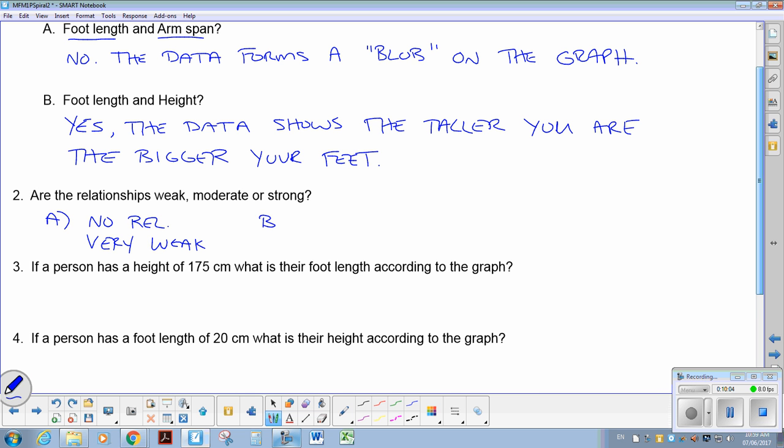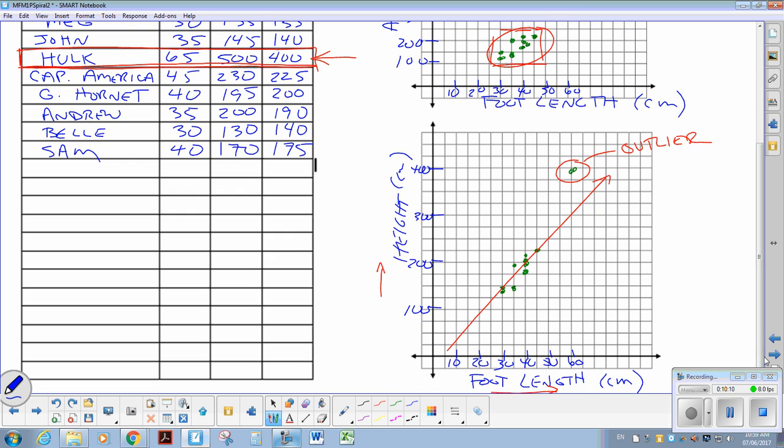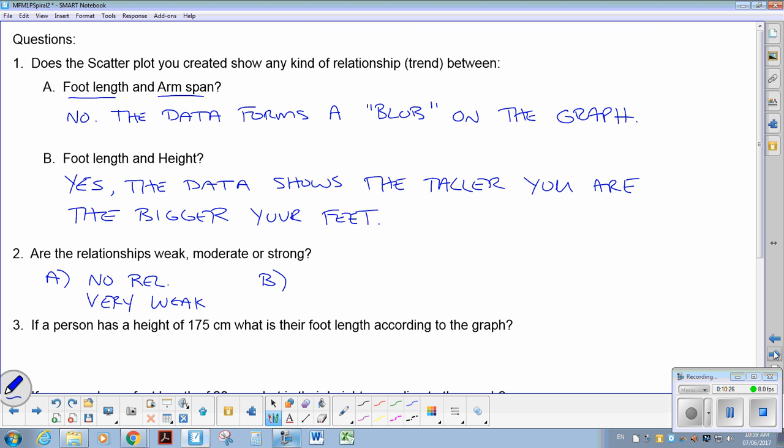And for part B, the second graph, the way I look at it is if all your points fall in a very narrow corridor, think of it as a hallway, okay, they all fit in fairly snug. They're following that red line I kind of sketched in. So I would say it's definitely moderate to strong, okay, and it is a judgment call. So if you gave me moderate, I would say you're correct. If you gave me strong, I'd also mark that correct as well.